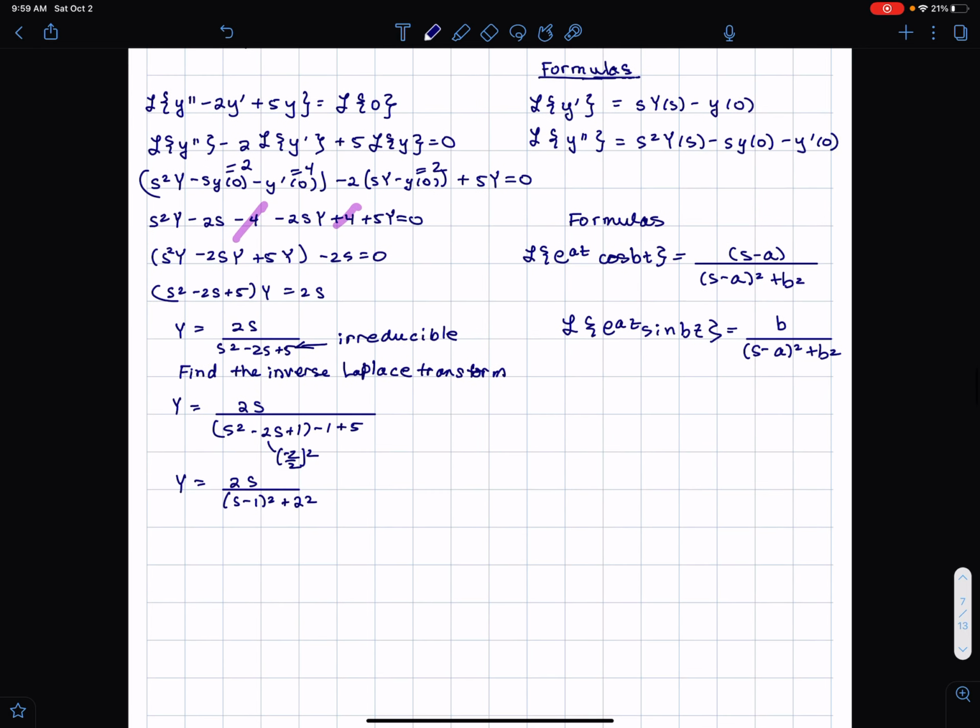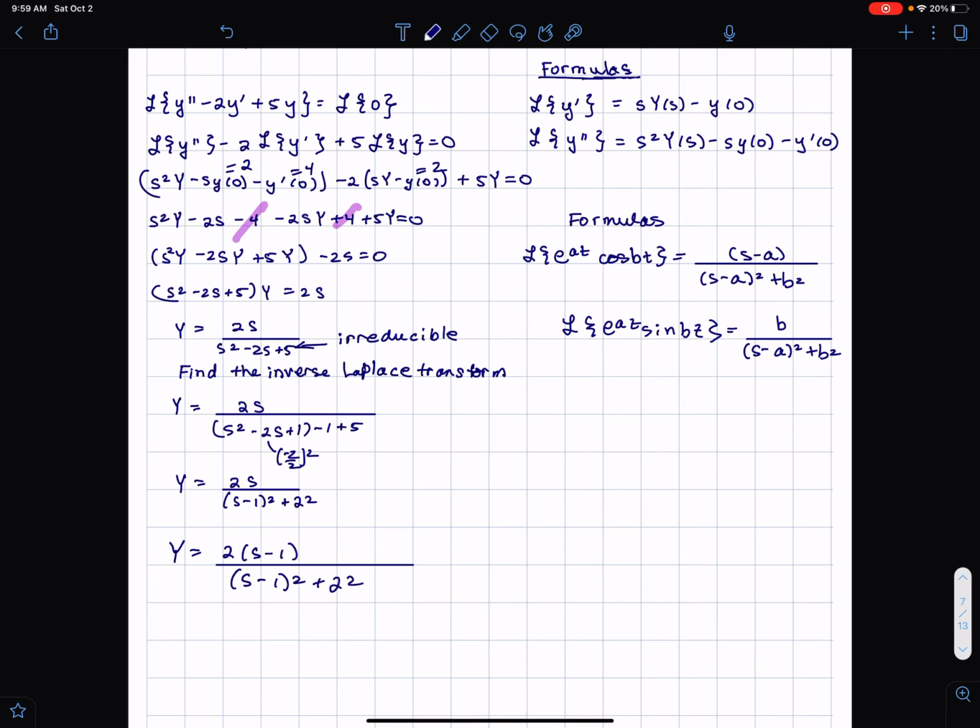Okay, so the thing is that this is not quite in the format we want, because we have s in the numerator. We want s minus a, where a is -1. So we do this little trick here. We write 2s minus 1. Do you see what I've done there?